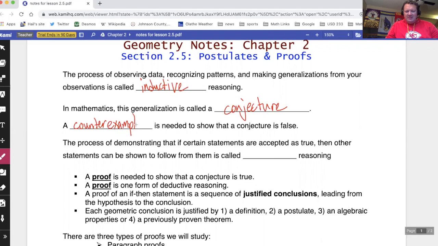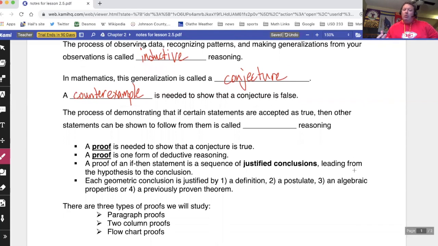Remember, a counterexample is just one case where the P part of our statement, the if, is correct, but the Q, or the then, is false. So hypothesis true, conclusion false is what a counterexample would be. And again, you only need one to disprove a conjecture.